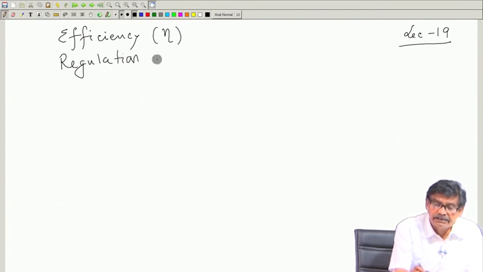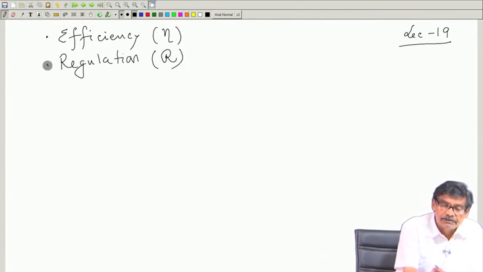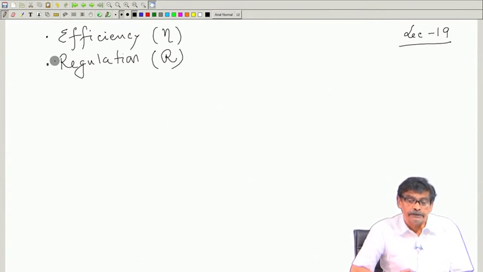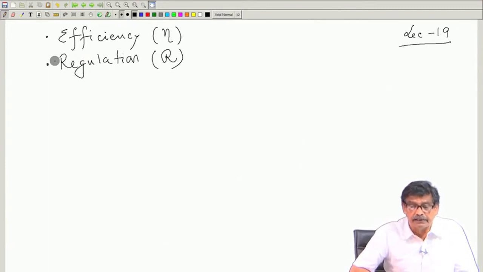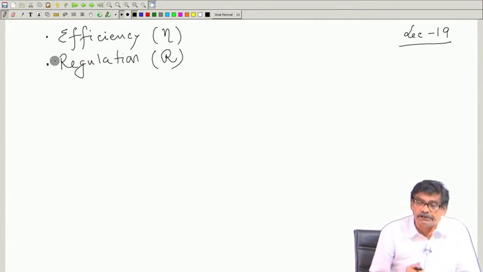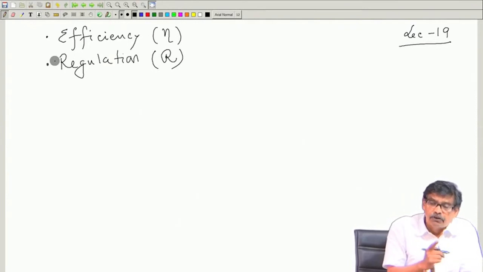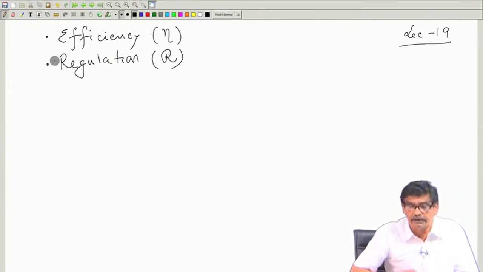These two are very important. It is usually denoted by this curly letter. These are the topics we will be discussing. Efficiency of a transformer, what do I mean by it, and another thing is called regulation. And I will be talking about this in terms of the equivalent circuit of a transformer.